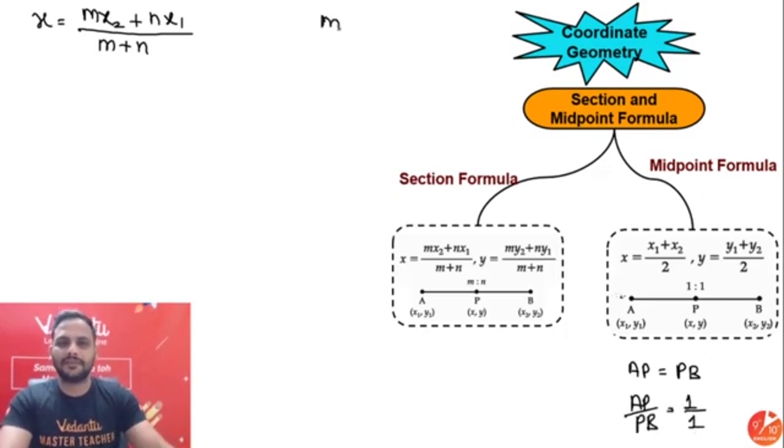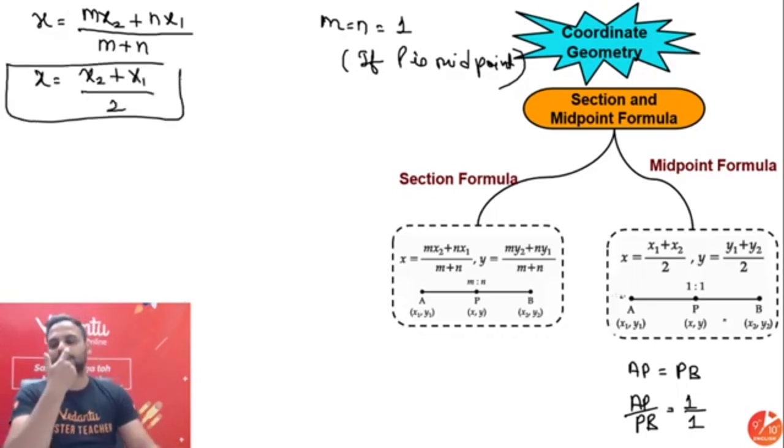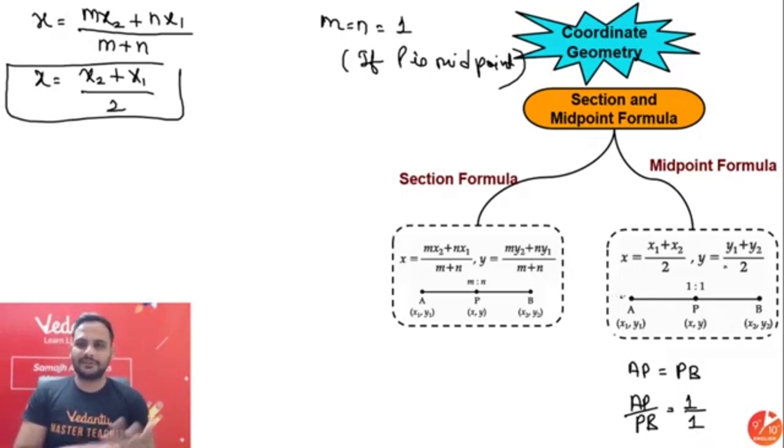So m and n both will be equal to 1 if P is the midpoint. Put m and n equal to 1, you will get (x2 plus x1) upon 2. Simple thing. So x coordinate of the midpoint will be (x1 plus x2) by 2, and y coordinate of the midpoint will be (y1 plus y2) divided by 2.